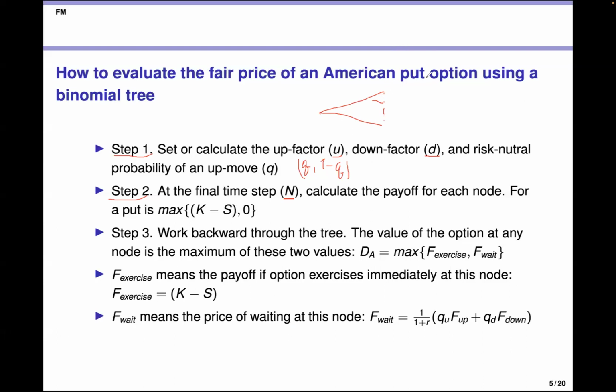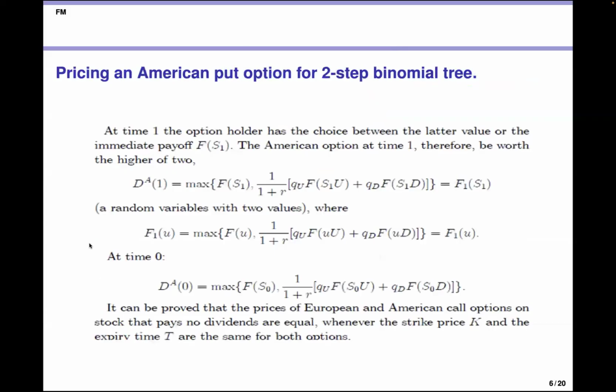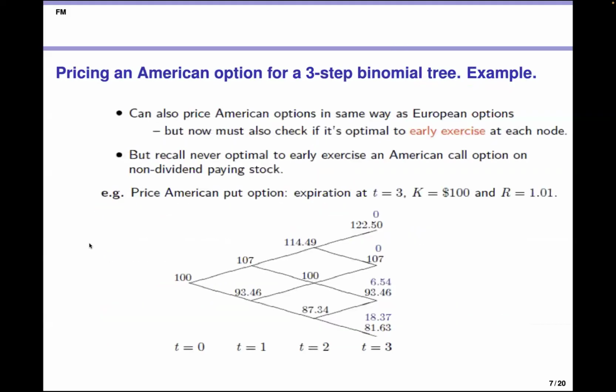If it is the put option, you remember this formula, and we can calculate. Maybe it will be better if I show you the example, and after that we will return. So in this picture you can see a 3-step binomial tree.